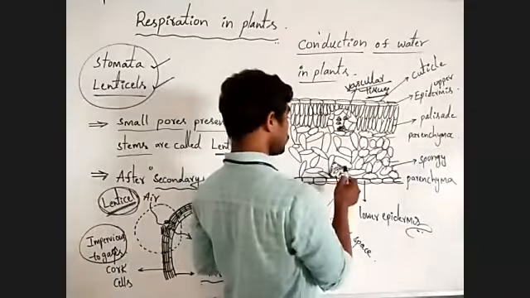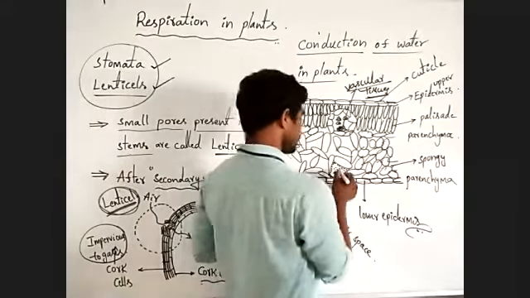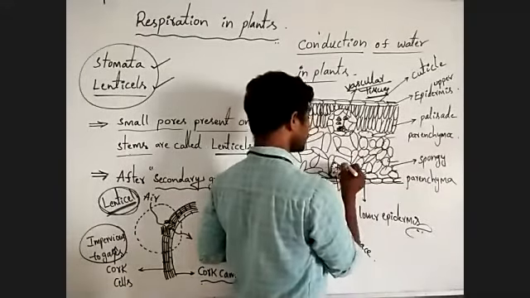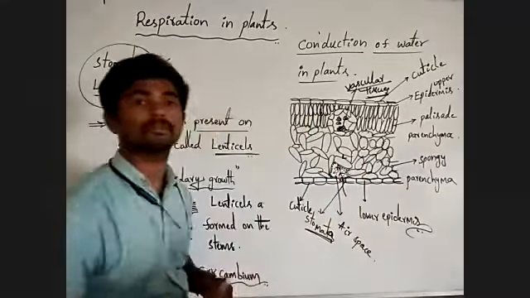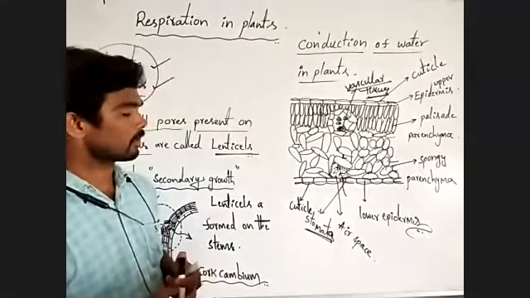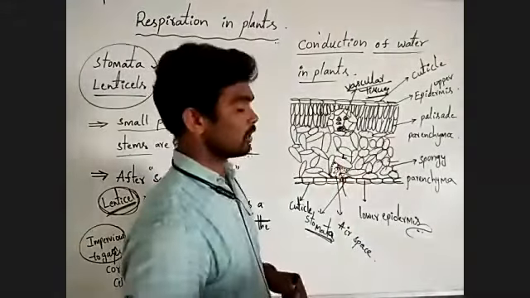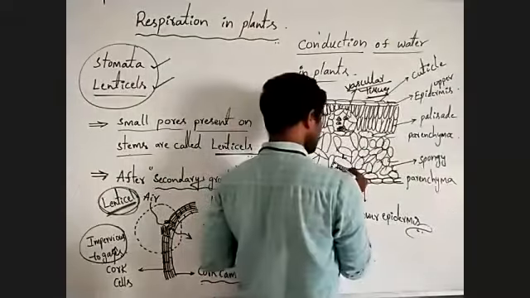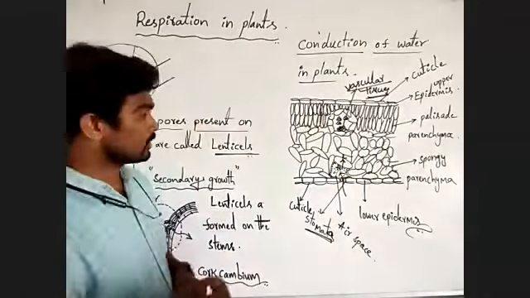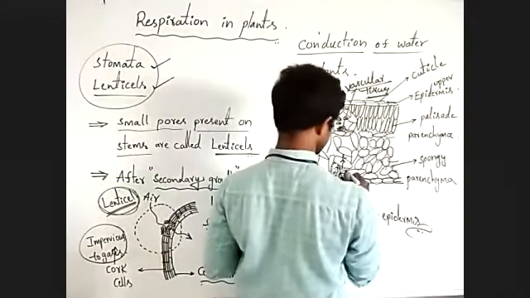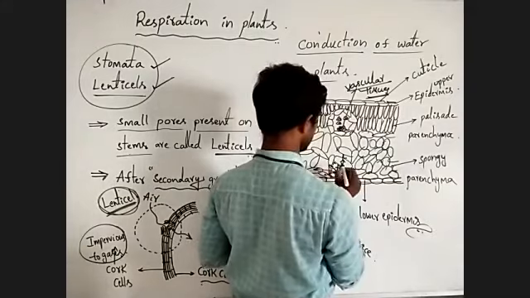Oxygen is dissolved in this water film. Then the concentration here becomes high, and here becomes low. Now from high concentration to low concentration, oxygen is transported.